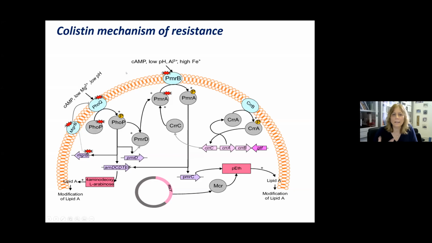The decorated LPS is then resistant and cannot be bound by colistin. A plasmid-borne phosphoethanolamine transferase has also been discovered that can confer a high level of resistance to colistin.